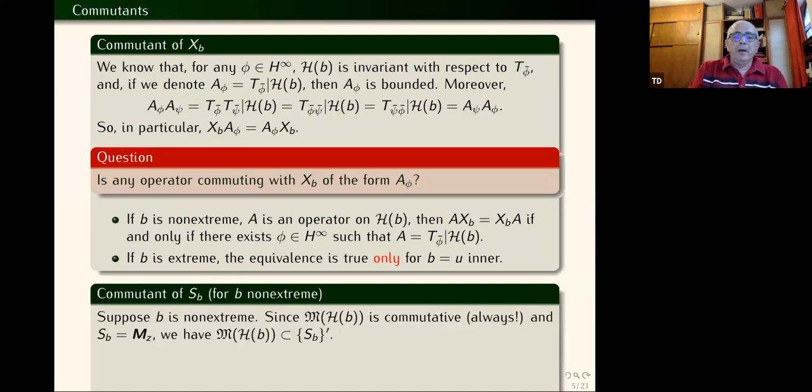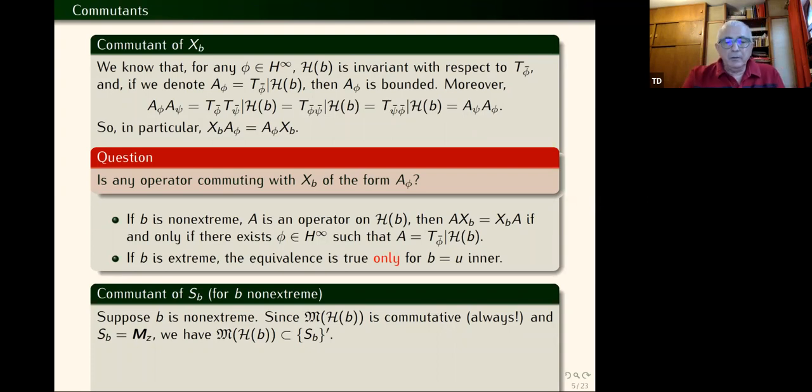Well, now, X_B is an operator that we can discuss in both cases, extreme and non-extreme. While in the non-extreme case, there is also a natural operator to consider, namely S_B, which is the restriction of the shift operator on the space.